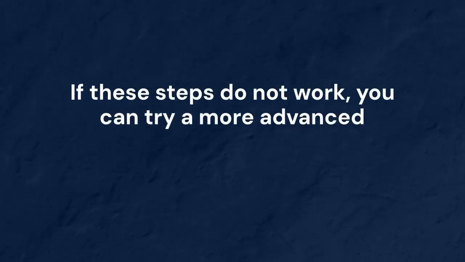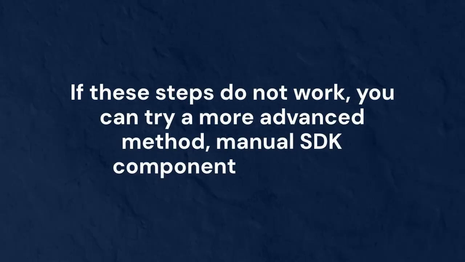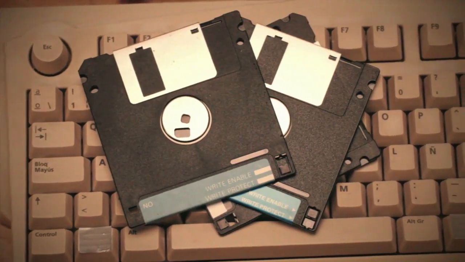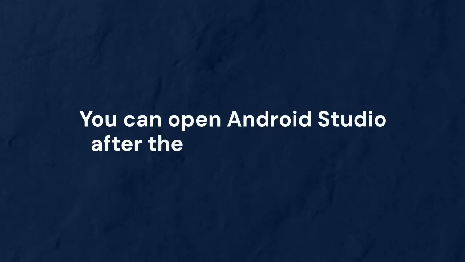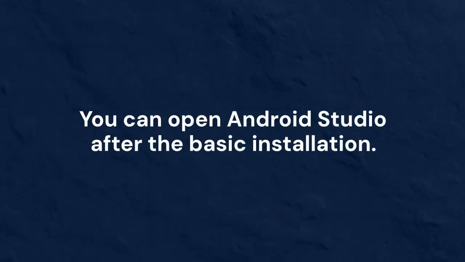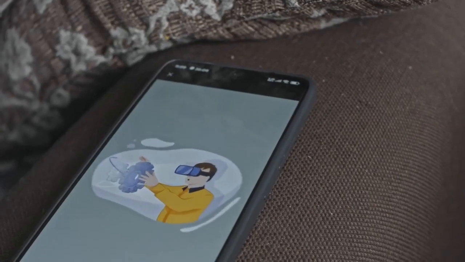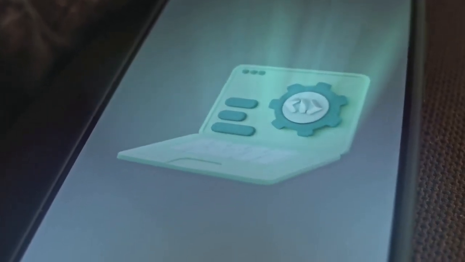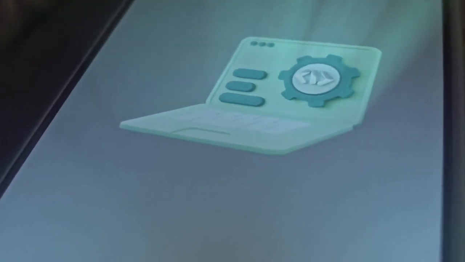If these steps do not work, you can try a more advanced method, manual SDK component download. This is useful if the initial setup keeps failing. You can open Android Studio after the basic installation. Go to Tools - SDK Manager. From there, you can manually install the missing platform tools, build tools, and other SDK components.